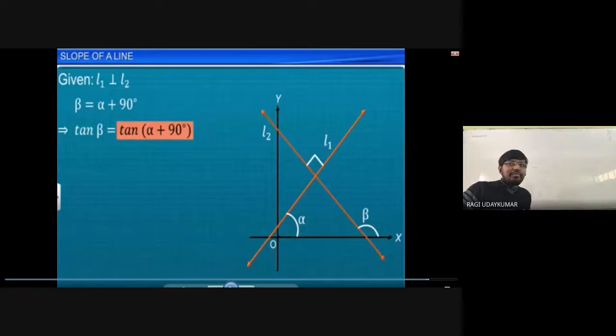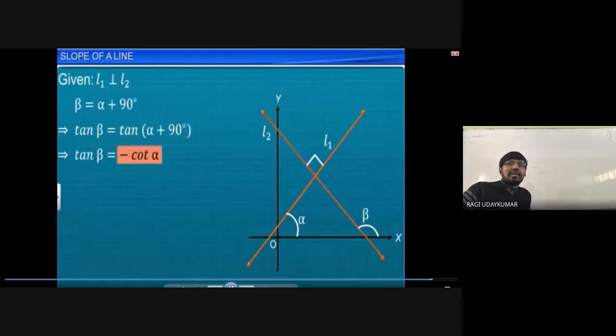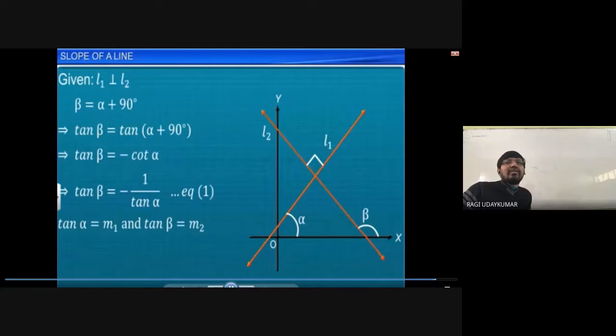So beta is the exterior angle to the triangle, equal to the sum of the interior opposite angles. If you use that concept, beta is equal to alpha plus 90. Tan beta is equal to tan of alpha plus 90, which is minus cot alpha, so you get minus 1 by tan alpha. So tan alpha times tan beta is equal to minus 1. That means if the lines are perpendicular, then the product of the slopes is equal to minus 1.